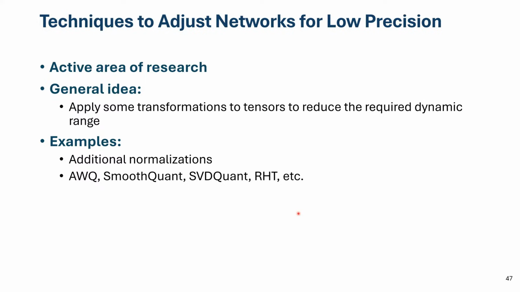Sometimes that helps, sometimes that actually hurts, from experiments we've done. And there are techniques like AWQ, SmoothQuant, SVDQuant, random Hadamard transforms, and so on. All the ideas here: you do some extra processing on the tensor that you can easily undo, that somehow makes the tensor more behaved for low precision quantization. And like I mentioned, usually they try to address the dynamic range.